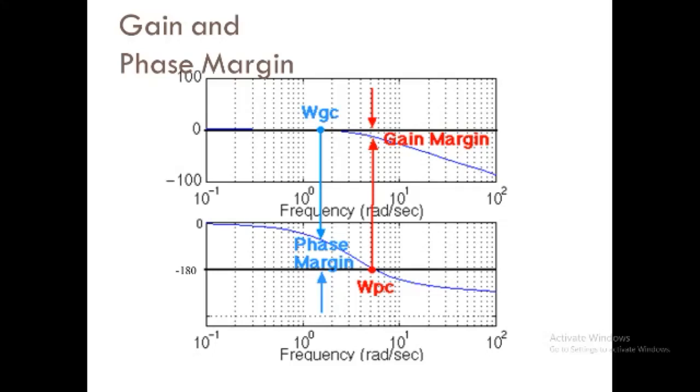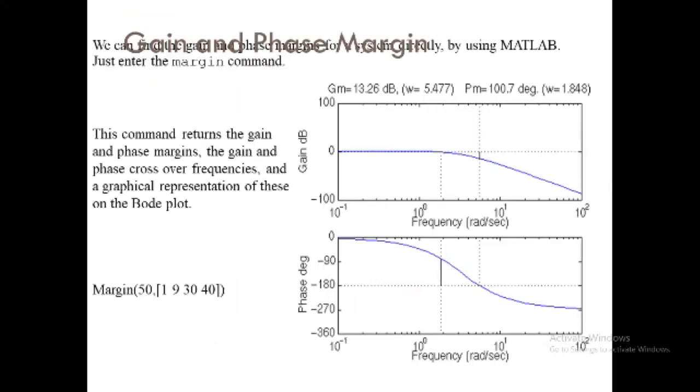Now we are moving towards the phase margin. Phase margin, that is phi PM, is a measure of relative stability and is defined as 180 degrees plus the phase angle phi of the open loop transfer function at unity gain. That is, phi PM is equal to 180 plus arg GH(j omega GC) degrees, where |GH(j omega)| is equal to 1 and omega GC is the gain crossover frequency.